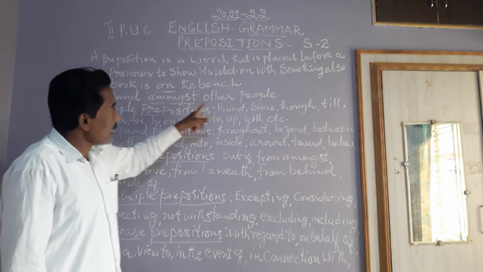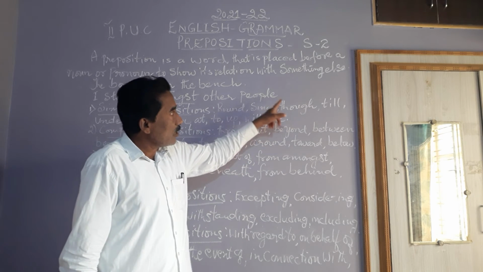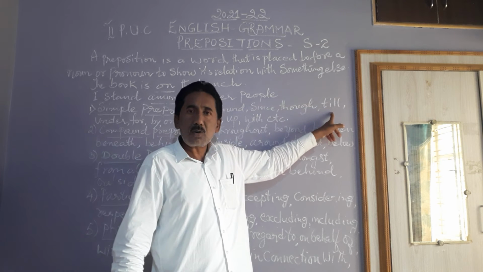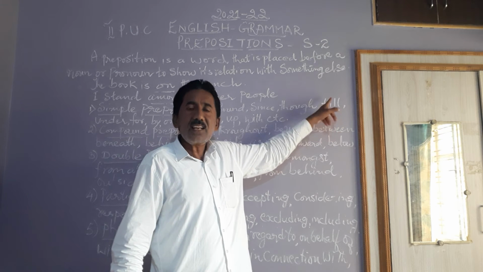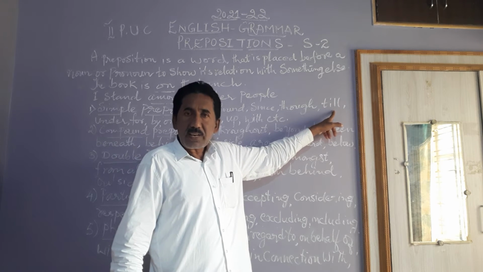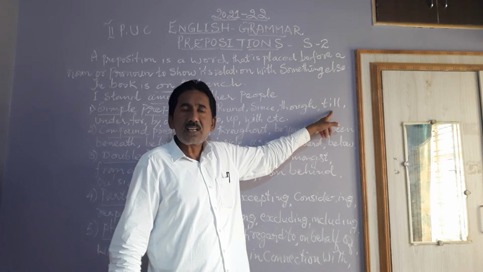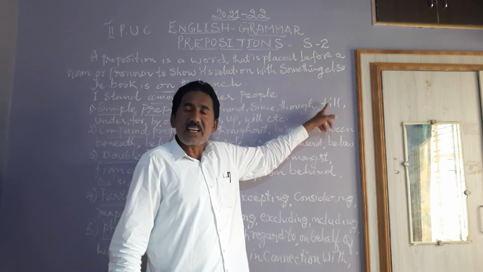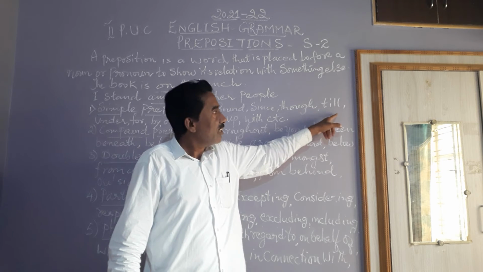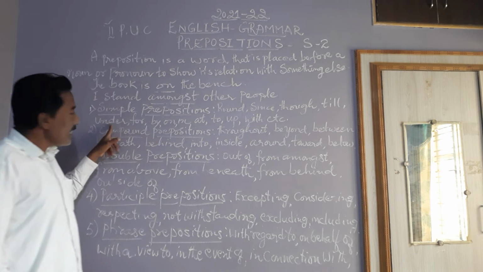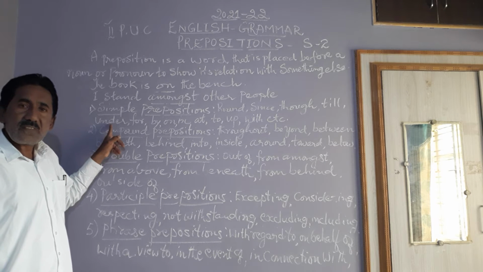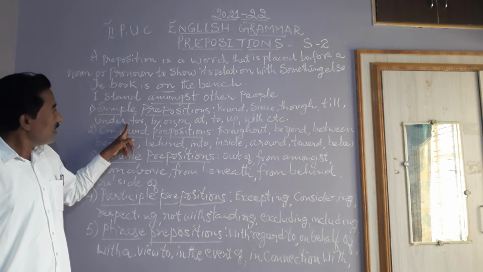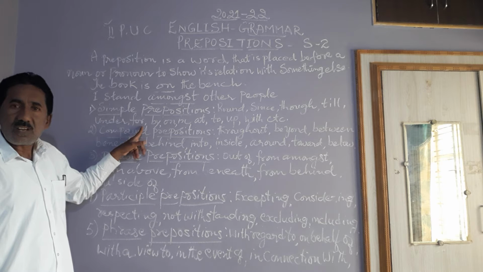So simple prepositions: round, since, though, till tomorrow, till next week, till next year. It is an indicator of time. Till, not still. So that should be understood. Till, under. Where did he sleep? He slept under a tree. Understood.